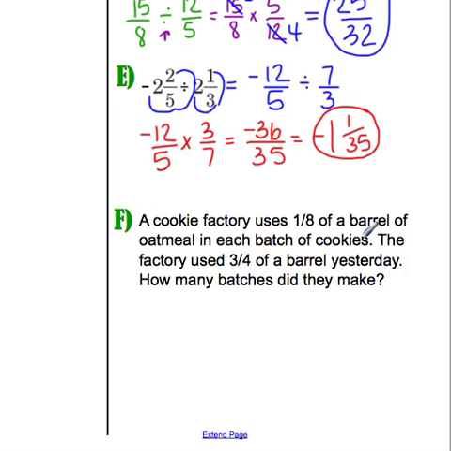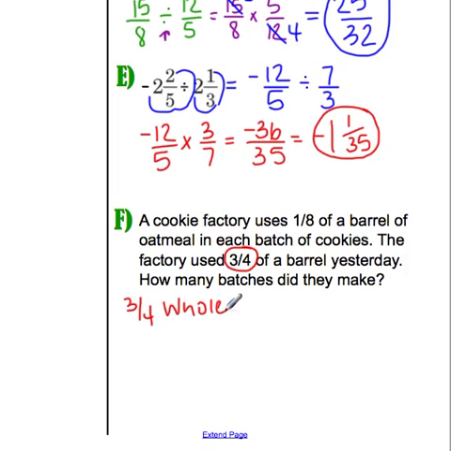The question is, did we take groups of 1/8 out of the 3/4, or did we take groups of 3/4 out of the 1/8? Being that the 3/4 represents what we used, 3/4 is our whole of everything we used yesterday.